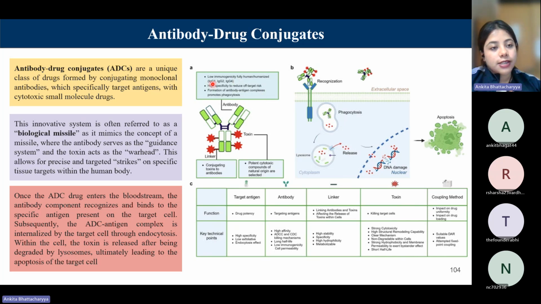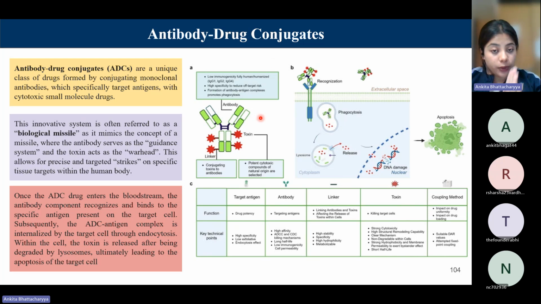What does this first statement mean? Why should it have low immunogenicity? It should have low immunogenicity because you will introduce a foreign antibody into a patient, right? So just the introduction of the antibody should not elicit an immune response that will lead to a non-specific immune response, and the patient's body will clear this antibody out of the system. So your drug delivery will be of no use.